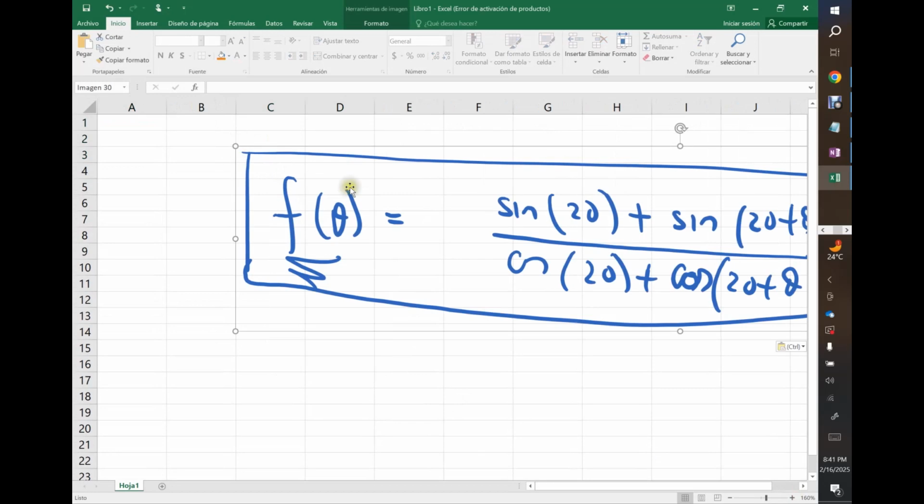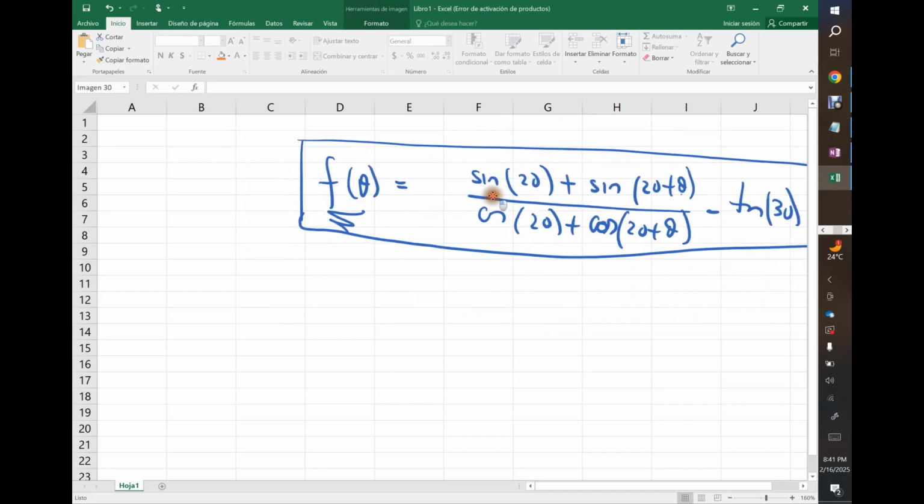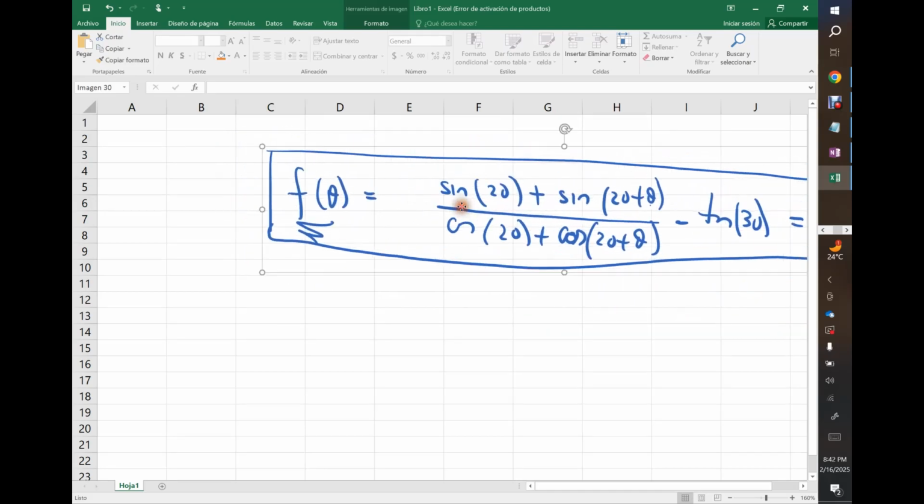All right, so I got that, and that's the function that we want to deal with. So we have here, let's call this theta for the time being, and this we call the function f of theta. And so let's write the function.